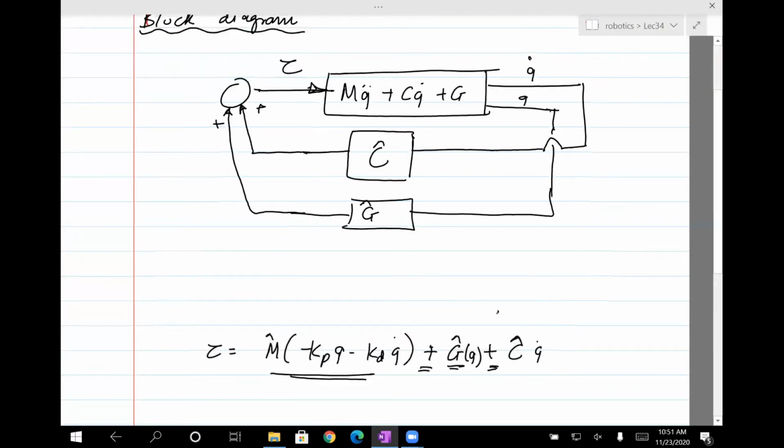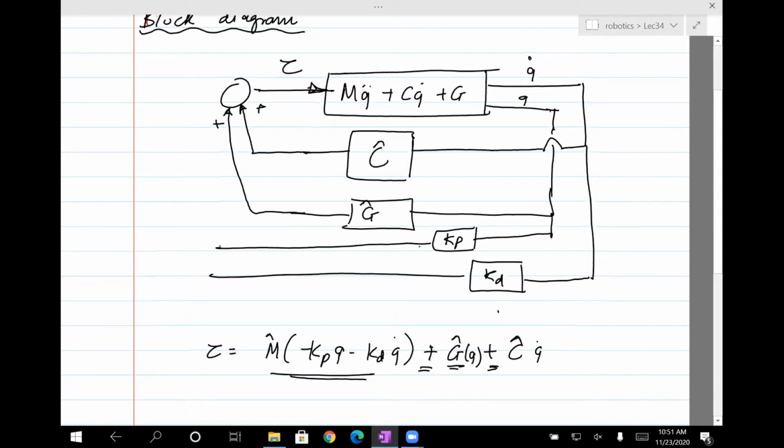For that part, first I need to take this value, which is q dot, multiply it with kp. Then I have to take the q dot multiplied with kd, and then we have q, which multiplies with kp, and these have to be fed.